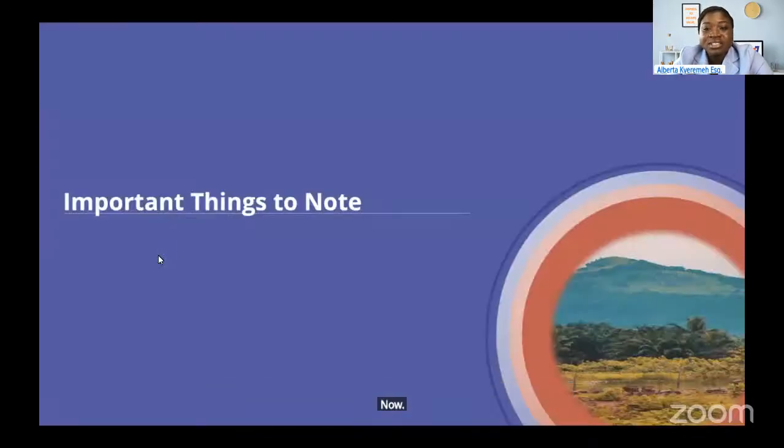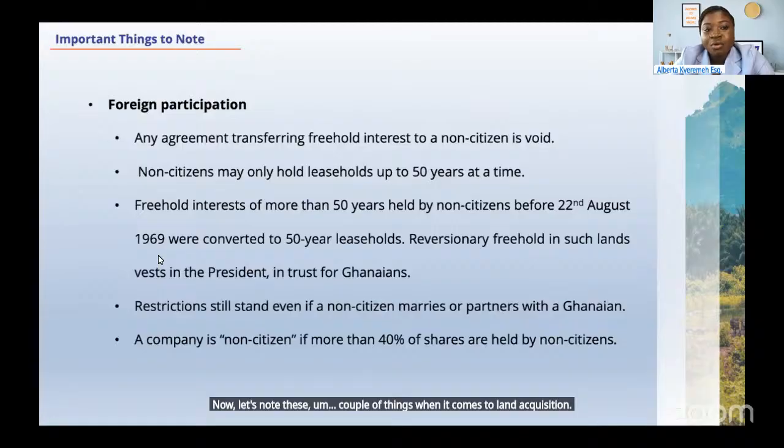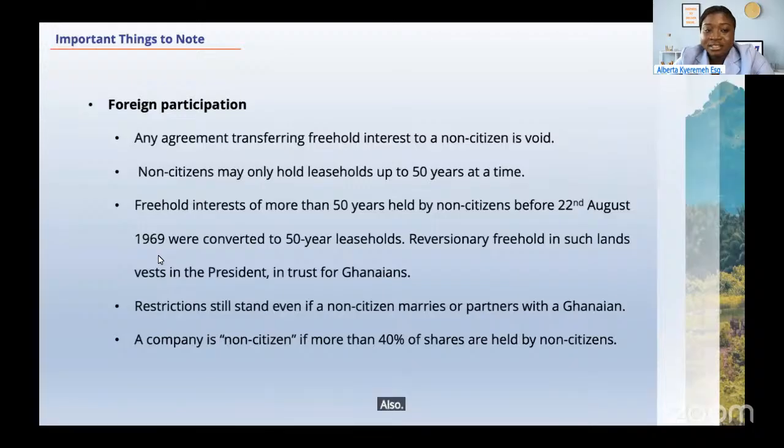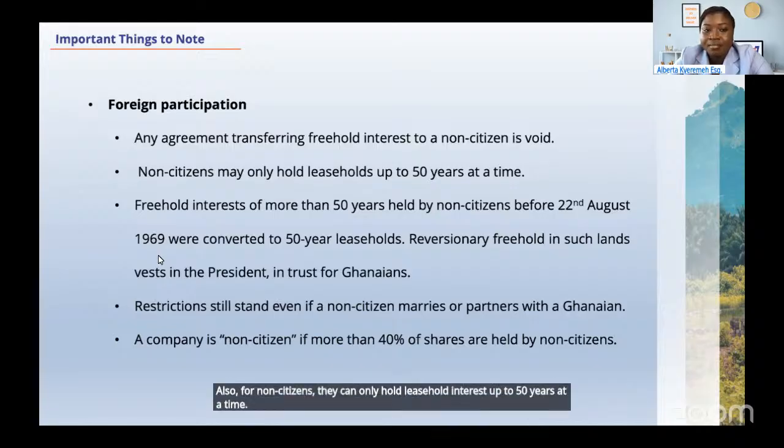Now, let's note a couple of things when it comes to land acquisition. First of all, foreign participation. In Ghana, any agreement that is transferring freehold interest to a non-citizen is void. Also, non-citizens can only hold leasehold interest up to 50 years at a time.